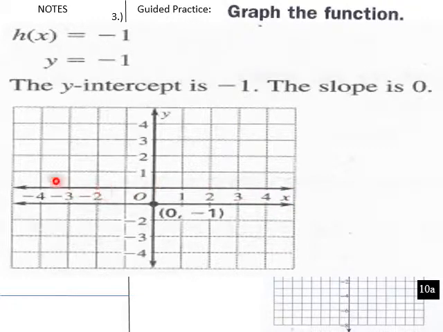It would be a horizontal line. The y-intercept is -1, and the slope here is 0. We have a flat line, so the slope is 0. So when x equals 0, y equals -1, and that will be the line.